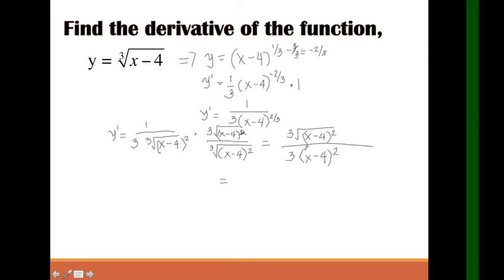Okay. So, paano ba to? So, we need to simplify this one. X minus 4 squared, that is x squared minus 8x plus 16. Right?